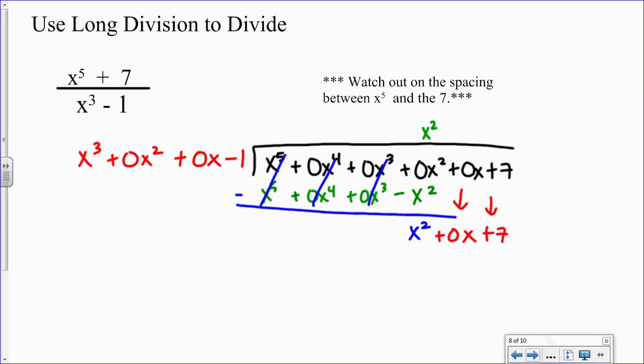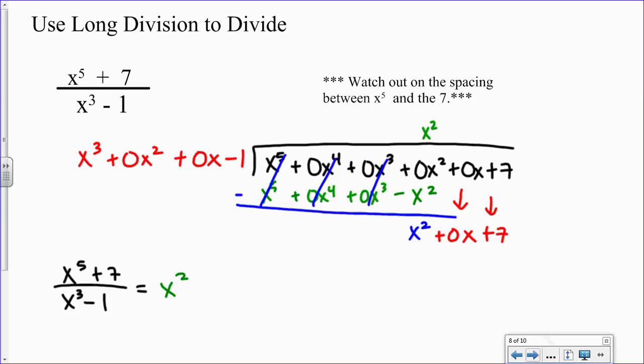Okay, so let's write it as our division problem. So x to the 5th plus 7 divided by x cubed minus 1 equals, well, what's my quotient? It's just x squared.